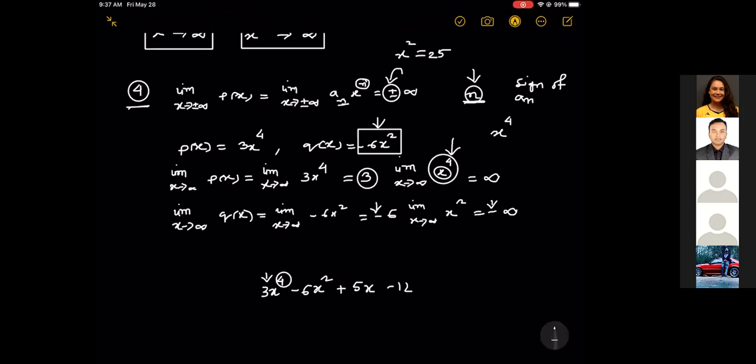The degree means the highest exponent, the highest power of the polynomial. My question is, why should it depend on the degree of the polynomial? Because if it's to an even power, it would be positive. But if it's to an odd power, it would be negative.